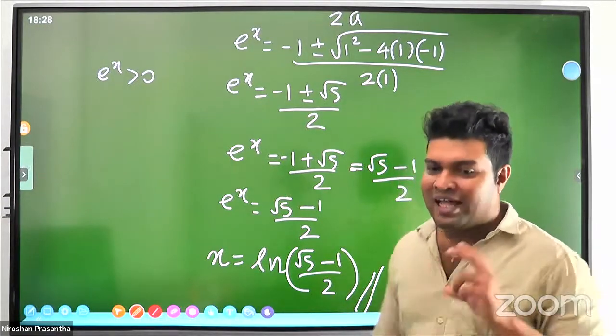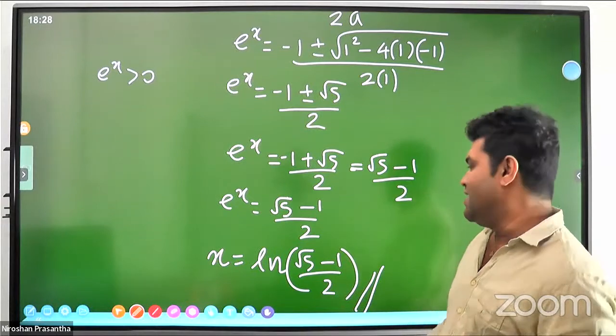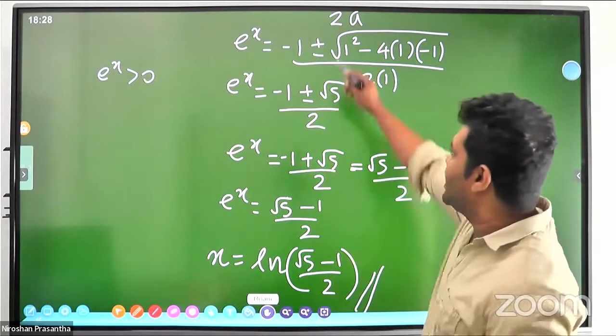Okay, what is the other way that we can do this problem? What's the other way? Then we will go back to the problem again. Did you write this? Okay.